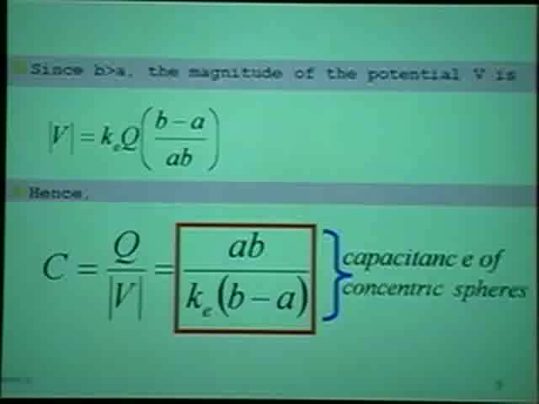And so the actual charge doesn't come into play, and the actual voltage doesn't come into play when we get to this result. It's just geometrical factors. If I had a factory, I could make this capacitor just by making these shells and putting this device together. And neat.